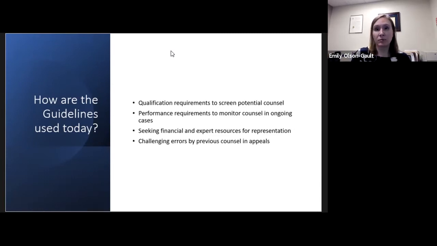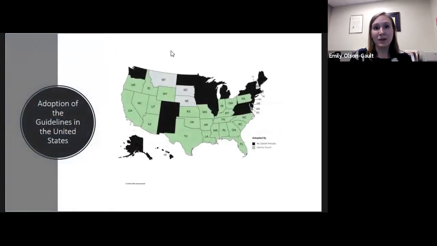And the good news, this map looks a whole lot better than the previous one I showed you. And this shows courts that have recognized the ABA guidelines as a reference point for evaluating the performance of counsel.